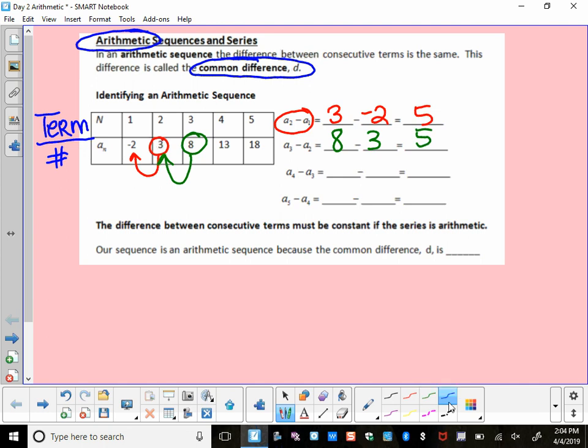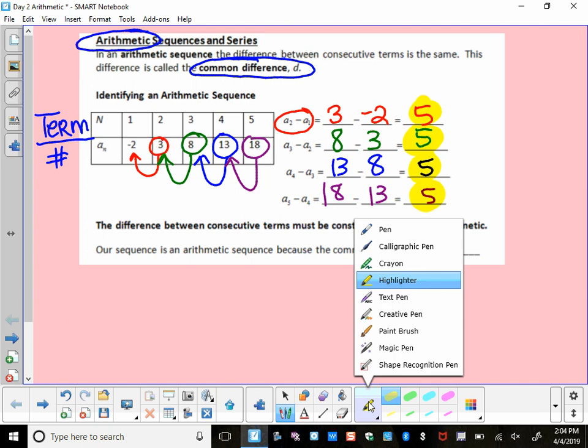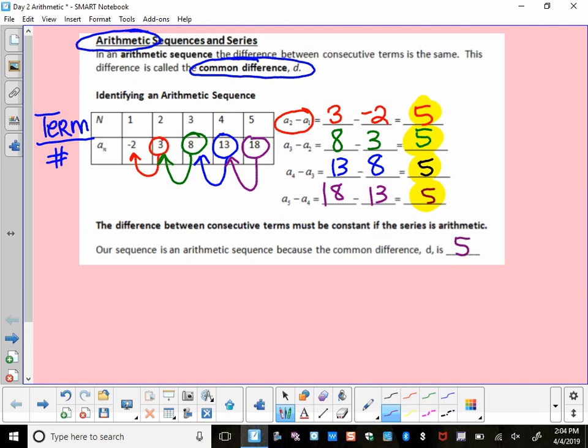All right, my fourth term, which is 13, minus the third term, 8. So it's 13 minus 8. 5. You guys see the pattern? Yeah. So now my fifth term, which is 18, minus my fourth term, and we get 5. So because all of my numbers are the same, my common difference is going to be 5.